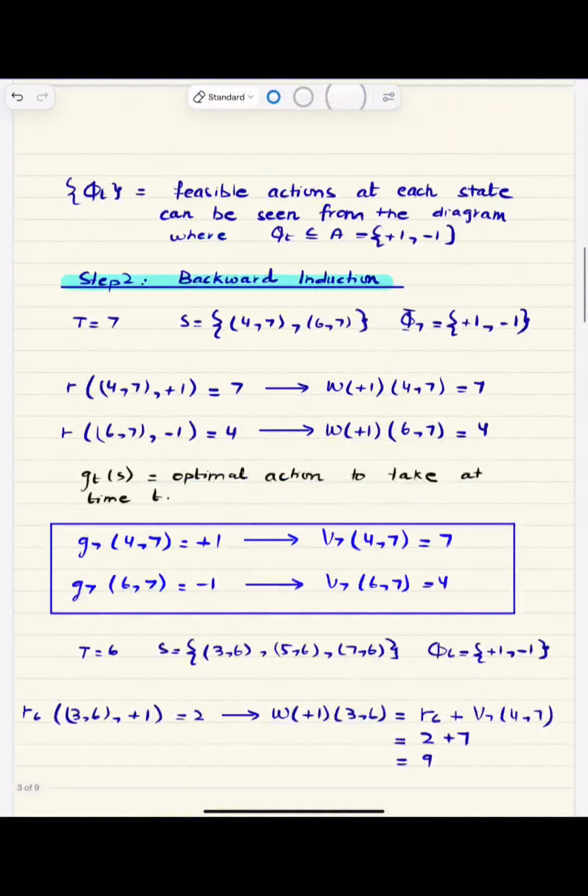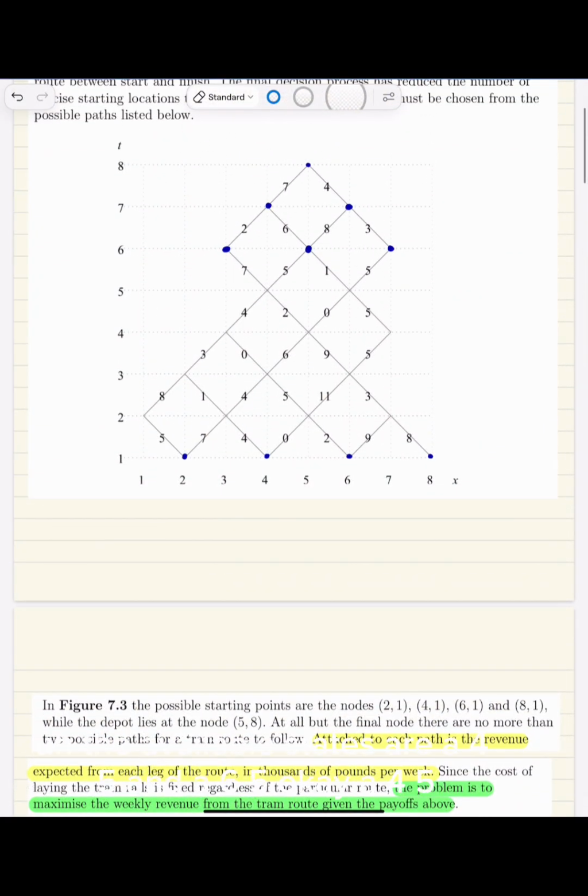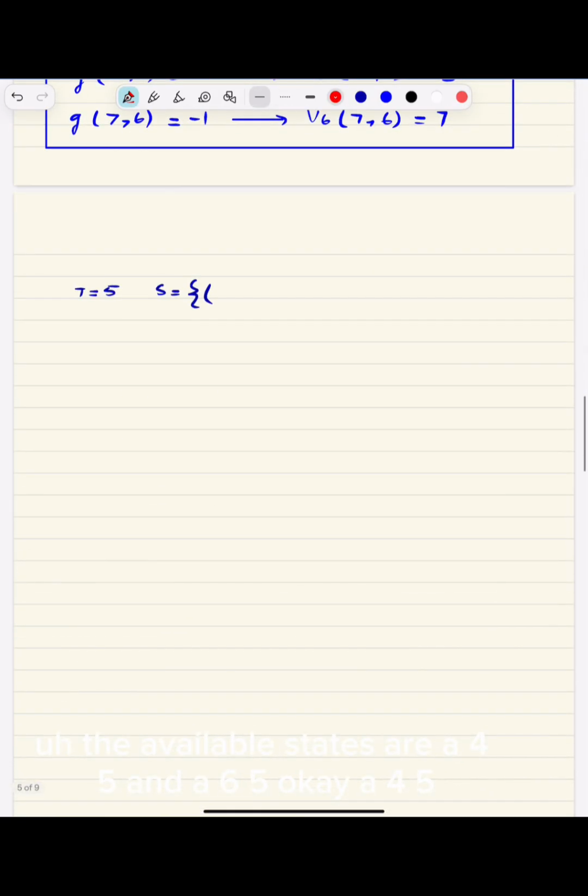Okay. At time period 5, the available states are a 4 5 and a 6 5. And the available actions at this time period are a right or a left. Now we are interested in the reward at time period 5 when you're at the node 4 5.